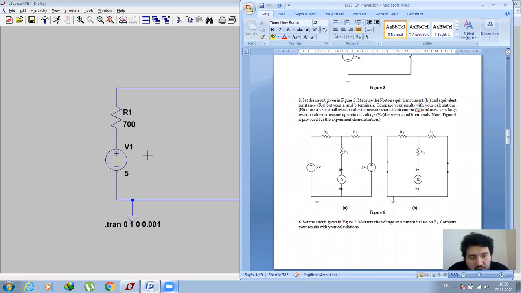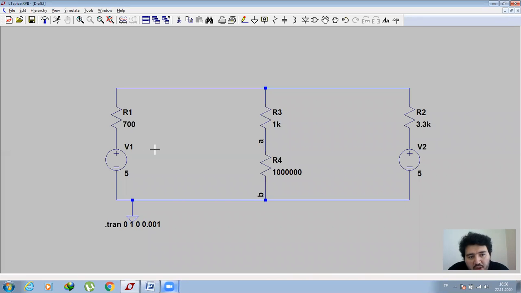I will not create the Norton equivalent circuit, because I created the Thevenin equivalent circuit. It's the same logic. You can create the Norton equivalent circuit easily, because we obtained the Norton resistance and Norton current.